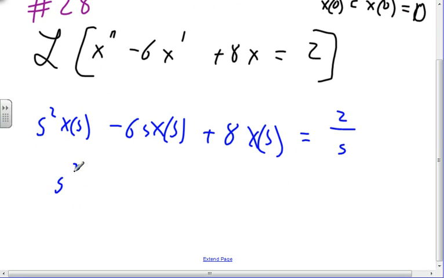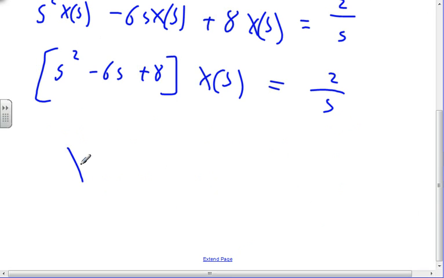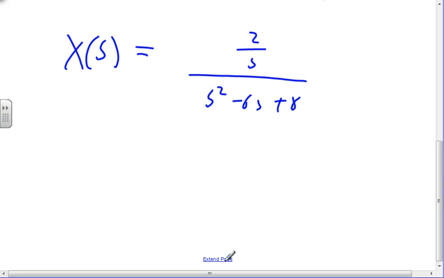Okay, so I have s squared minus 6s plus 8 times X of s equals 2 over s. So X of s is 2 over s over s squared minus 6s plus 8. Okay, so I'll rewrite it as 2 over s times s squared minus 6s plus 8.